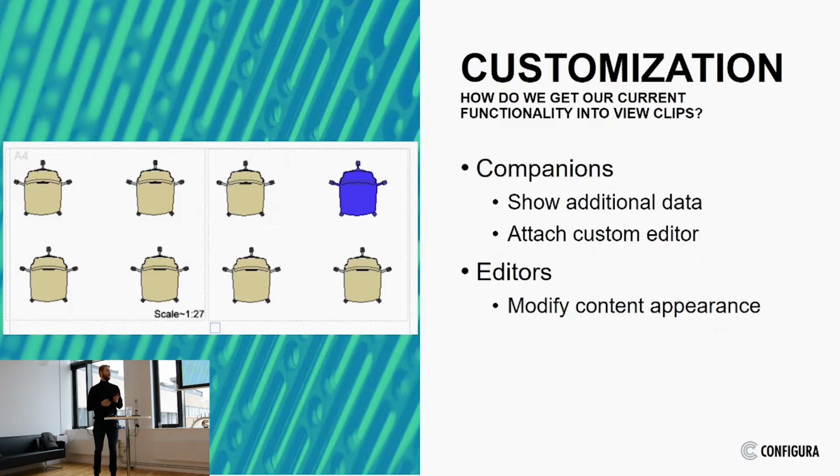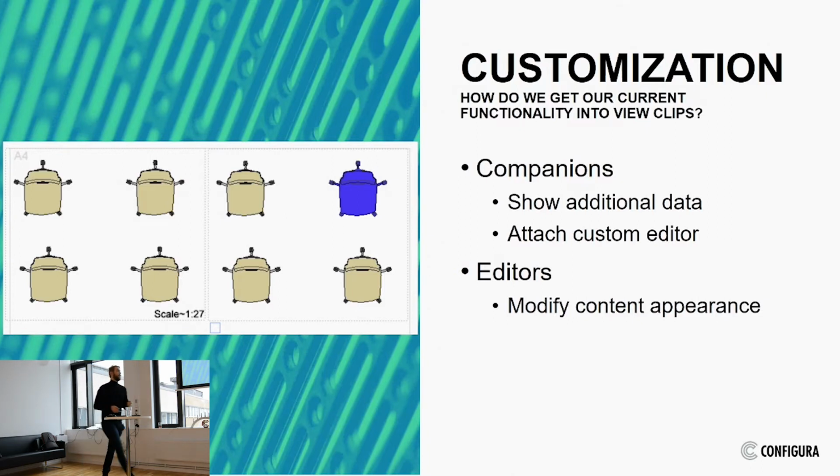For that kind of stuff, you can add companions, and companions show additional data on top of the view clip. So, for instance, you can add scale, or you can add some frame around it, or whatever you like. Just add a custom graphic.